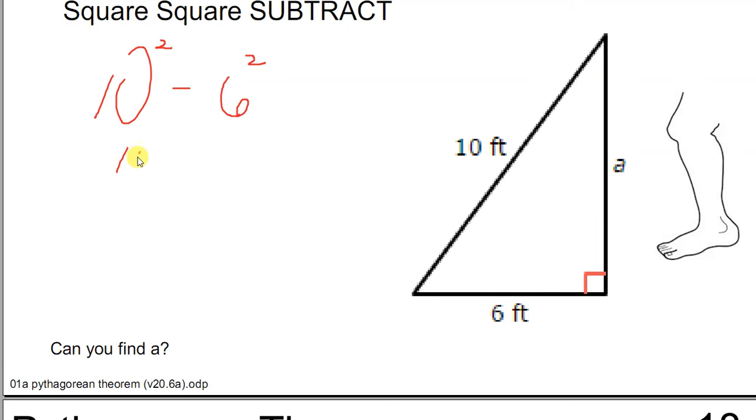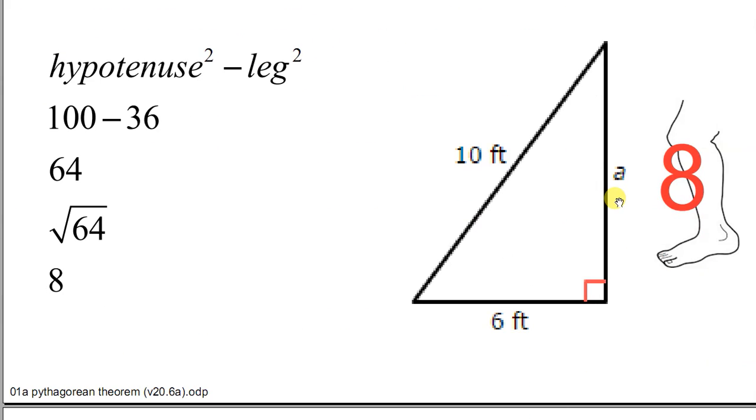So that takes me to 100 minus 36, which takes me to 64, which is too big. So I take the square root of that, which takes me down to an 8. And there's the 8. 100 minus 36, 64. Take the square root of it, takes you down to an 8.